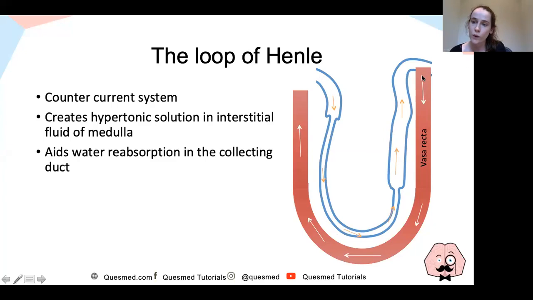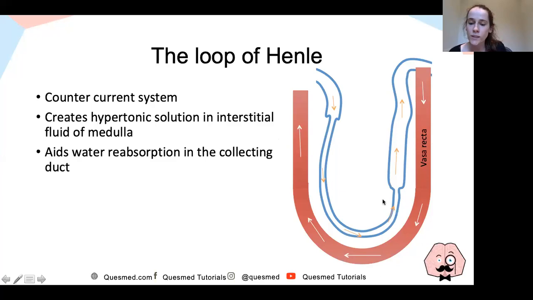So you've got blood flowing from the side of the distal convoluted tubule to the side of the proximal convoluted tubule. And this is a dynamic system. As this moves on towards the proximal convoluted tubule, this moves away.